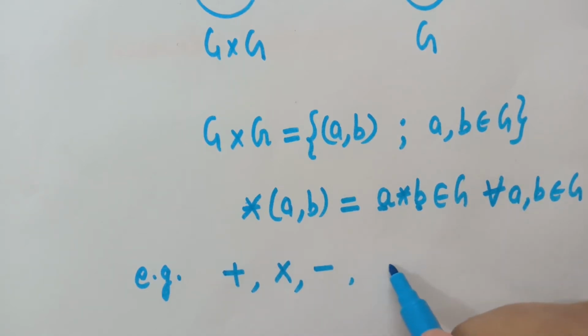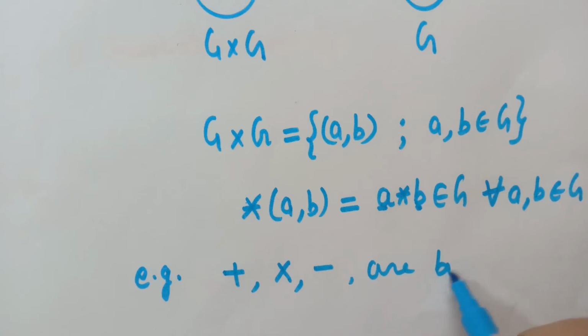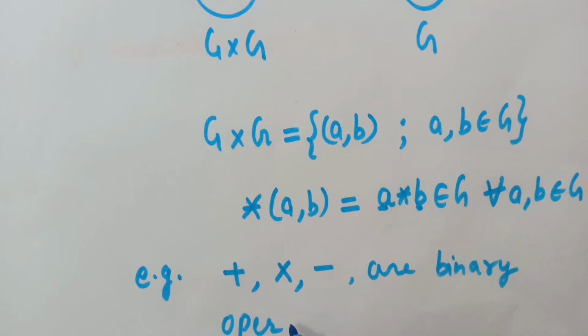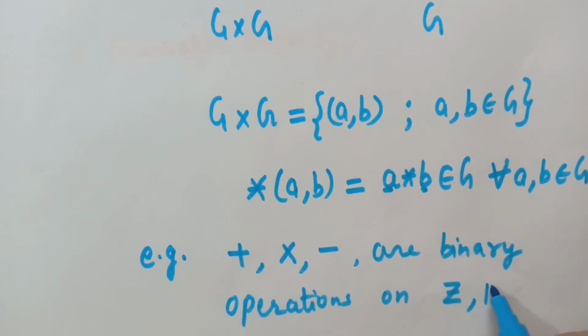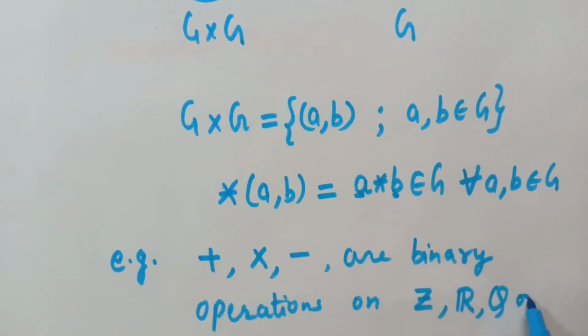These are binary operations on the set of integers, set of real numbers, set of rational numbers, or set of complex numbers. If we take Z, then consider any two integers.